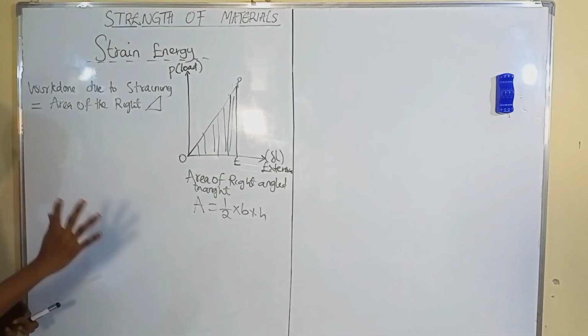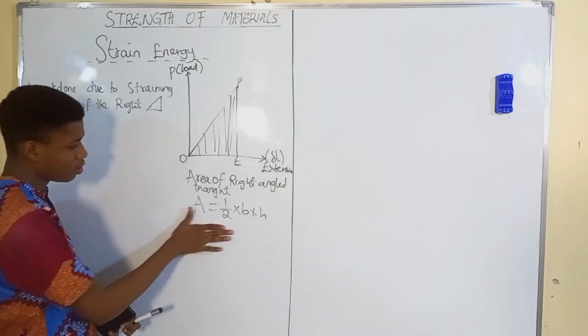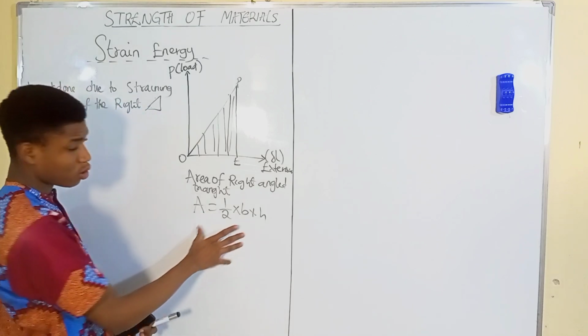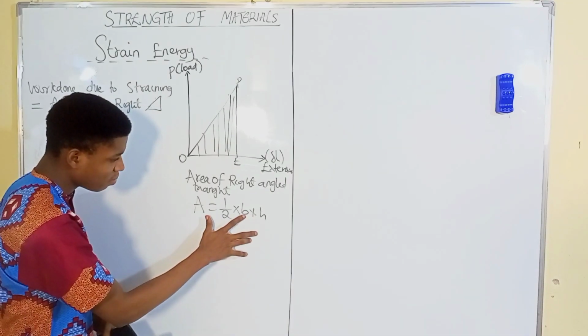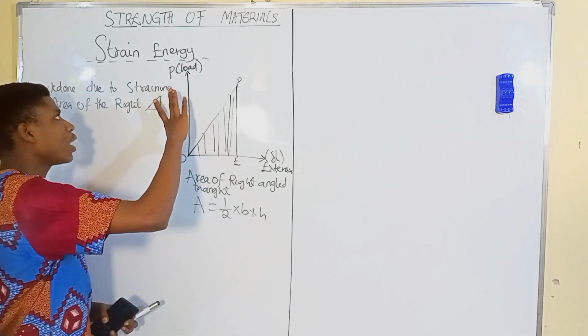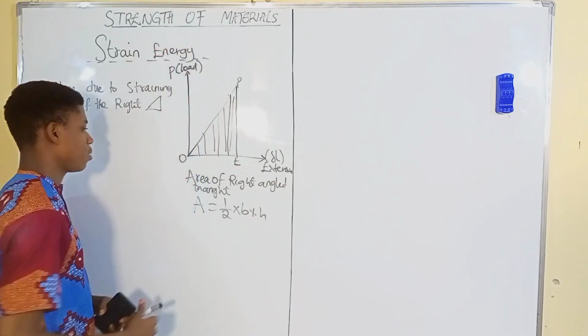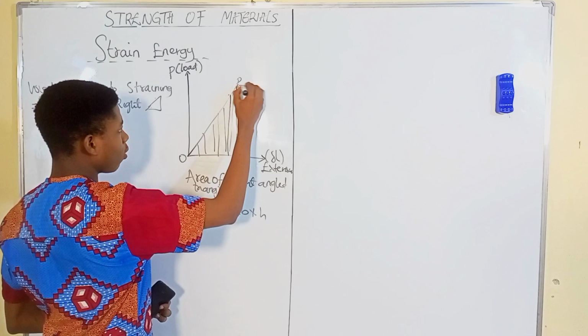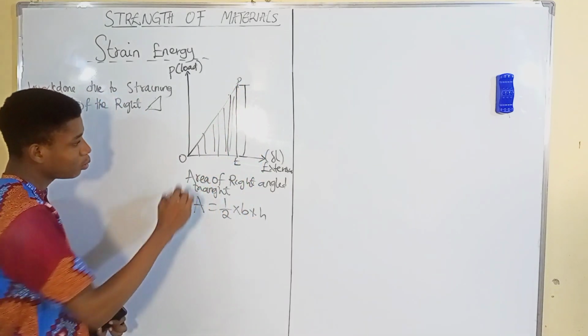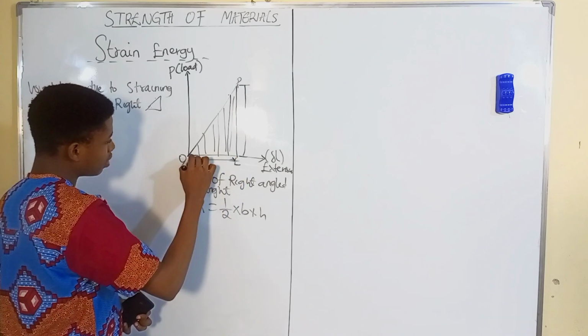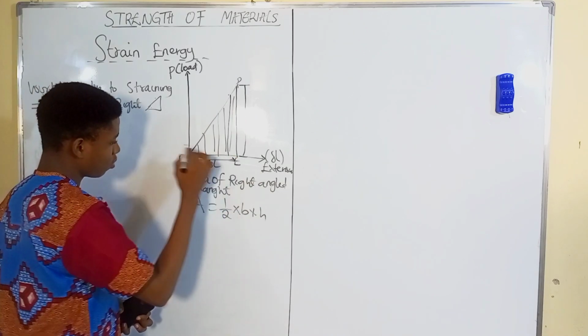Now it's very understandable that we know this expression from mathematics, but we don't have our terms in terms of B and H. We can see where the vertical is represented by the height, while the base will be represented by the extension.